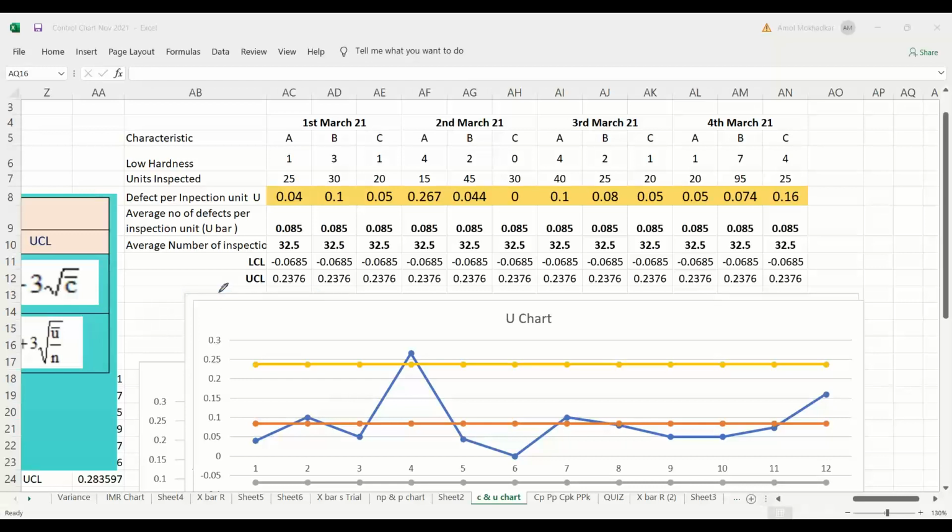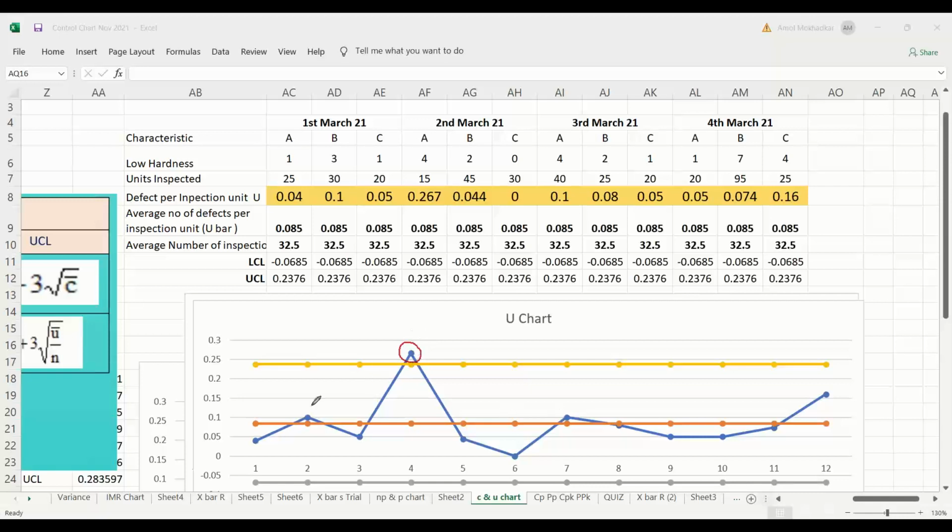Can you find any special cause here? Is this a special cause? 0.1, 0.1, 0.08, 0.05. The special cause is in this third March, basically. This one is the special cause.